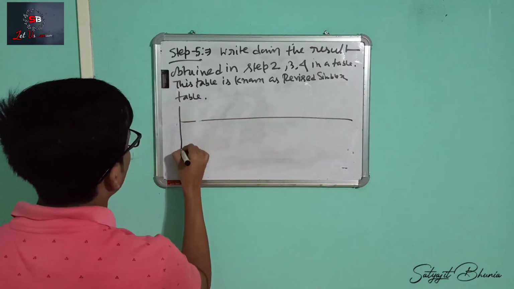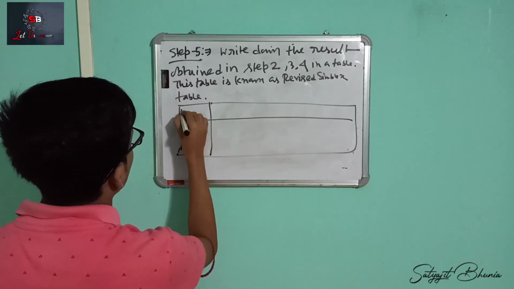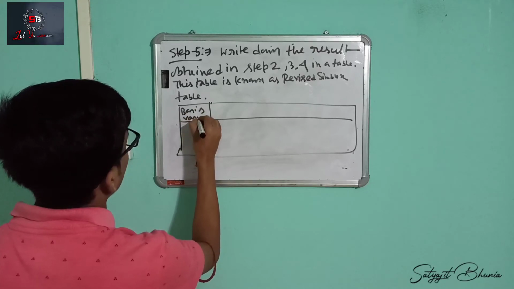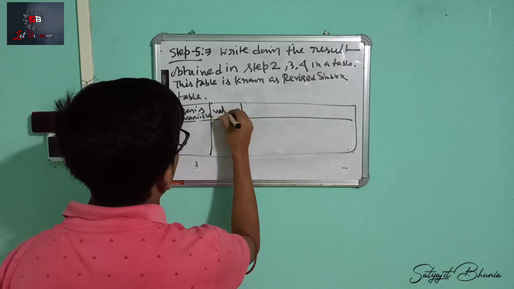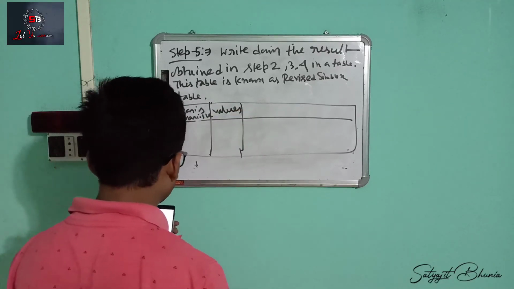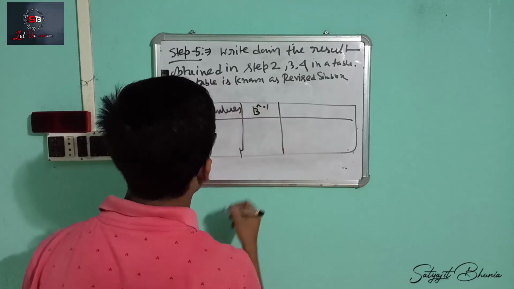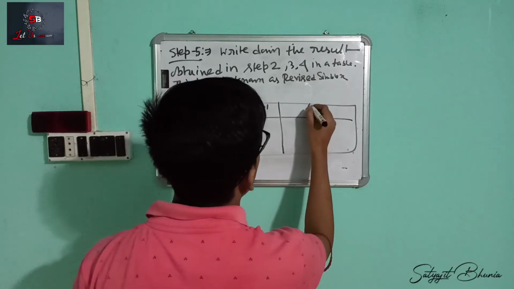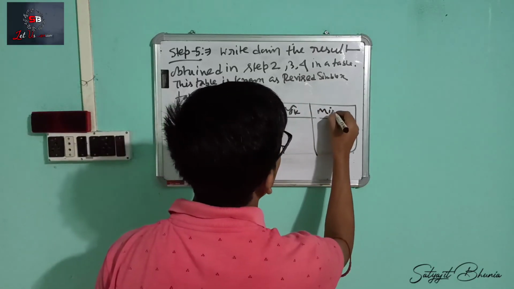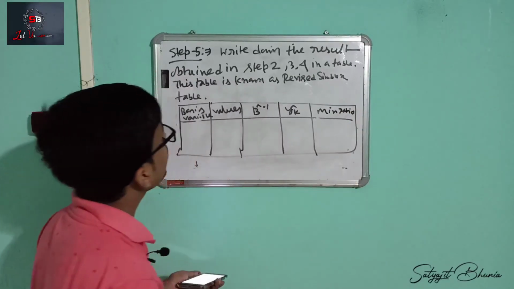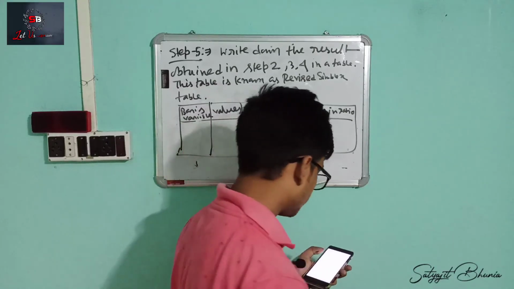We will form the table like this: basis variable, values, basis variable values, meaning the xb's, b cap inverse, yk cap, and this will be the minimum ratio. Okay, now we will move on to step 6.